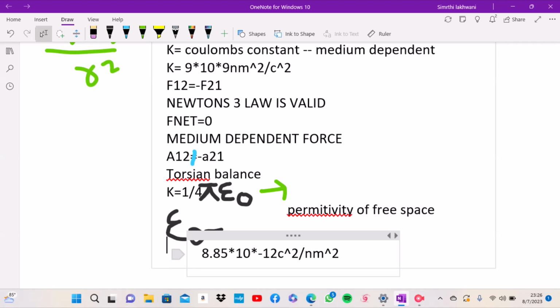Basically, this is for free space. This is the value when we are not talking about air or any other medium.